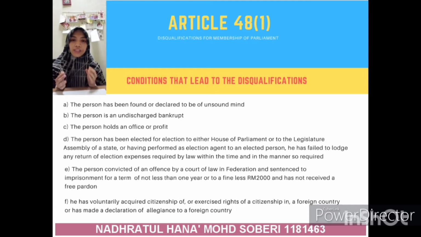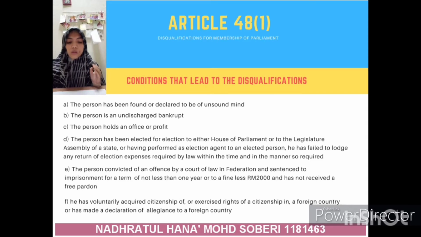We know that we need an intelligent person or a smart leader to lead this country, so when he is found to be of unsound mind, it will lead to his disqualification from being a member of the Parliament. The second one: the person is an undischarged bankrupt. Whoever is found to be a bankrupt person cannot be a member of the Parliament again.